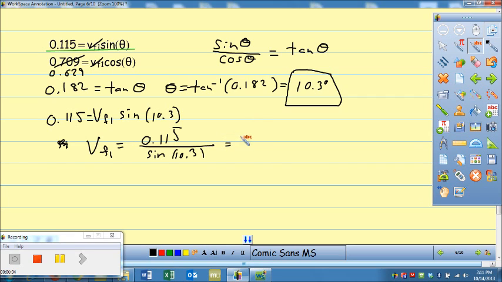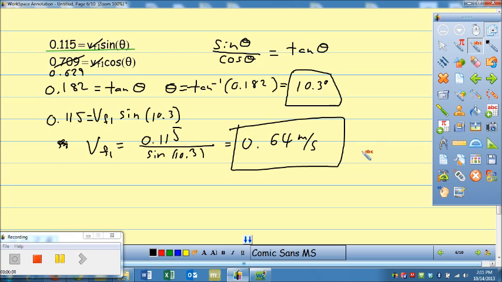That is equal to 0.64 meters per second. And we got 0.64 meters per second. All right, we finally got it.